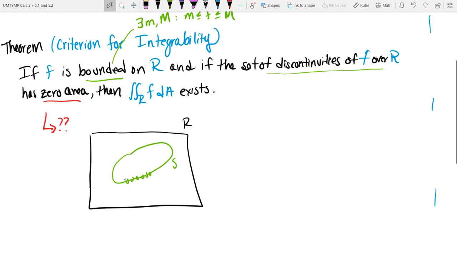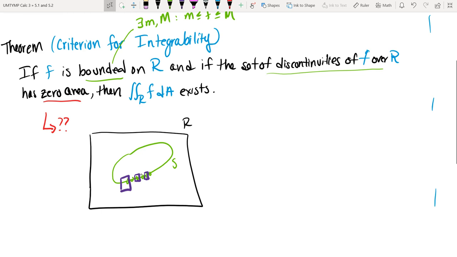But zero area means that the set S can be covered by rectangles. If you can imagine covering this by rectangles, and the sum of the areas of those rectangles, as you make them smaller, goes to zero.